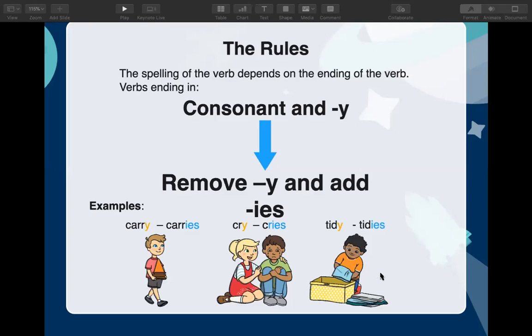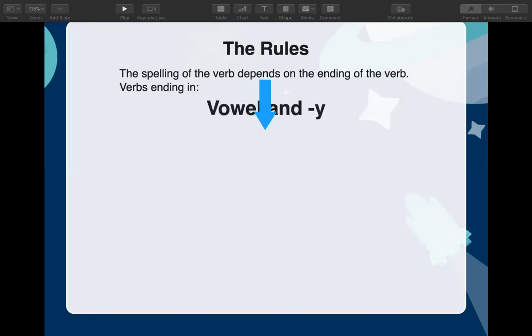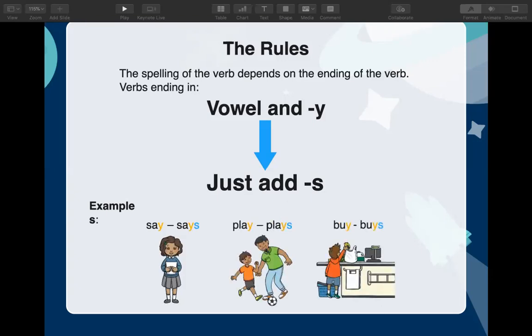Yes, so that is another rule. The spelling of the verb depends on the ending of the verbs. Verbs ending in vowel and Y, you just add the S. Vowel, okay? Vocal and Y. So for example, here, we ignore the S right now.